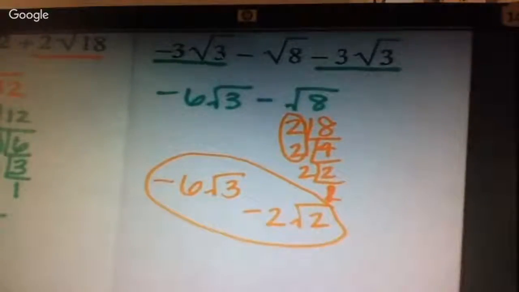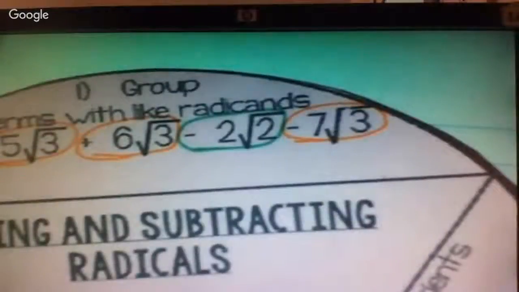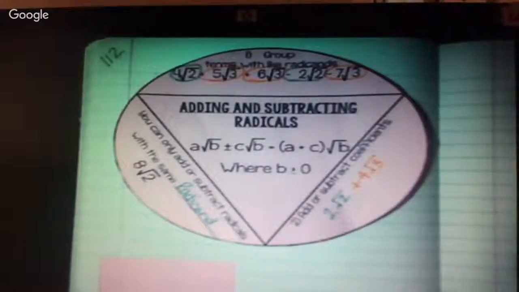Okay, let me show you how to glue this all in. 112, right? Yes. Your circle is gluing in at the top of page 112. At the bottom of the page, I need you to glue in your booklet. Where's your little rectangle?